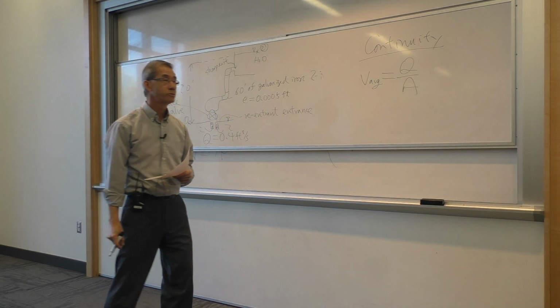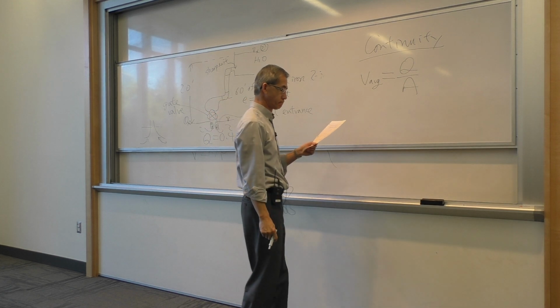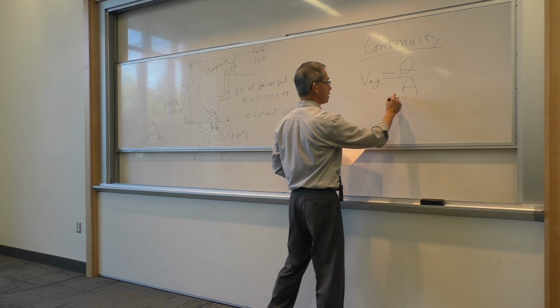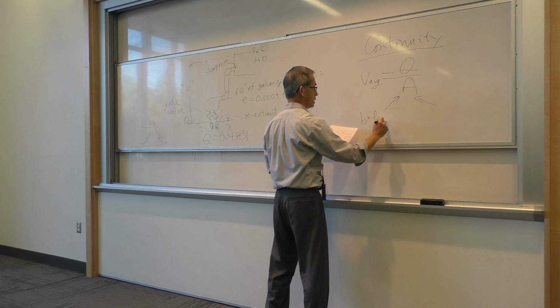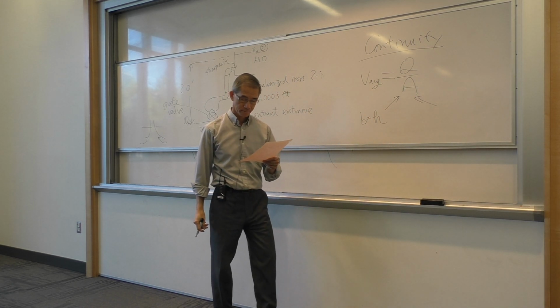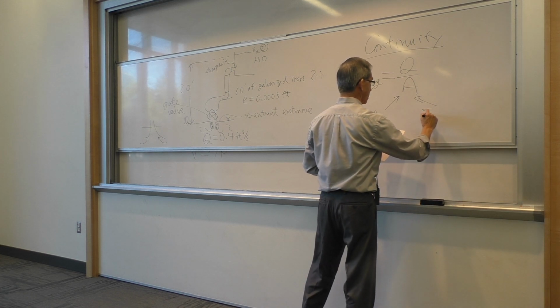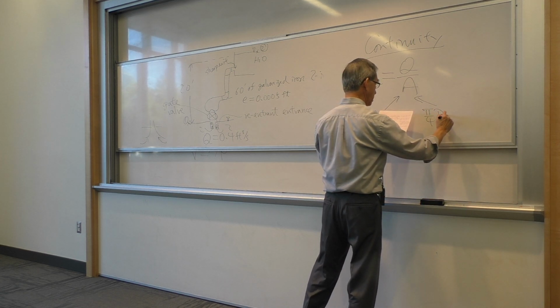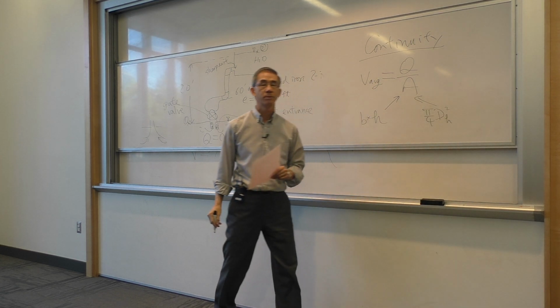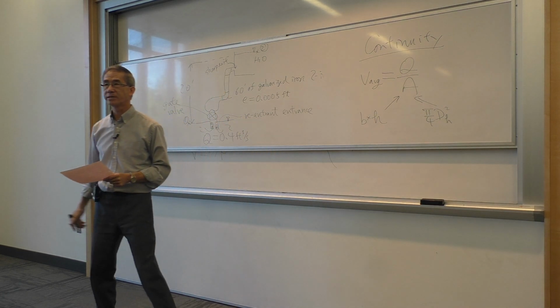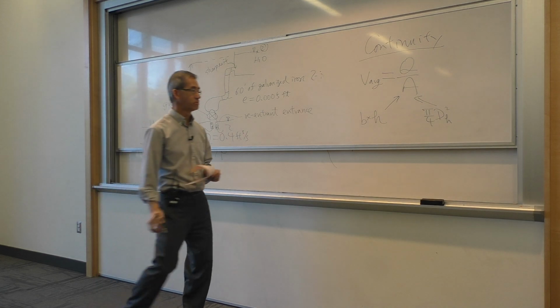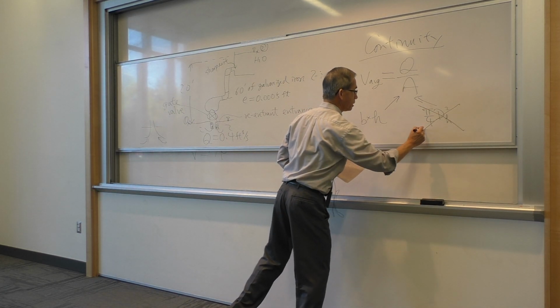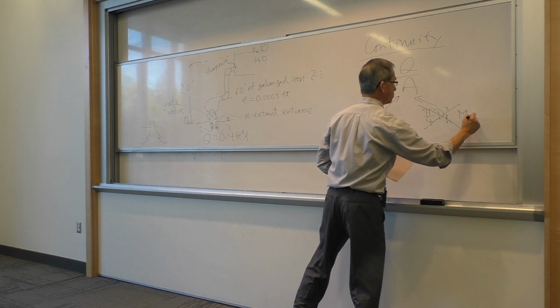Which area will you use in calculating this? I'll give you 2 choices: the cross-sectional area, or the area based on the concept of hydraulic diameter. Which one represents the physics better? Cross-section, correct.